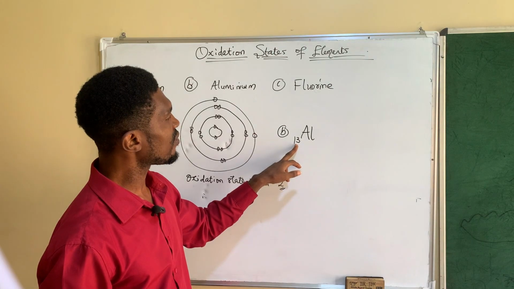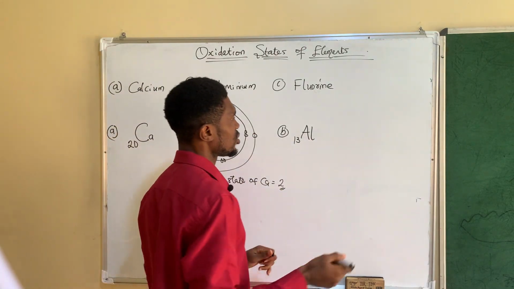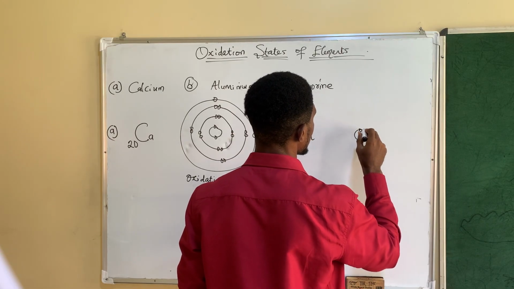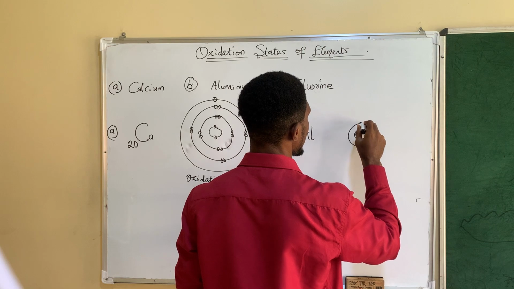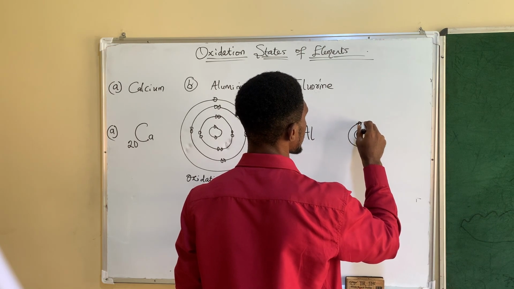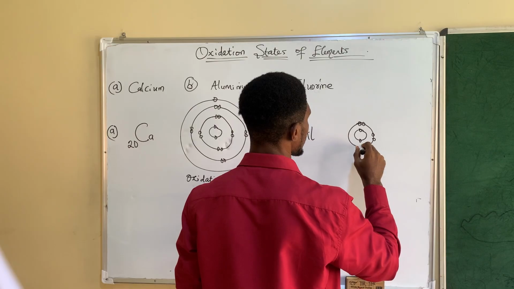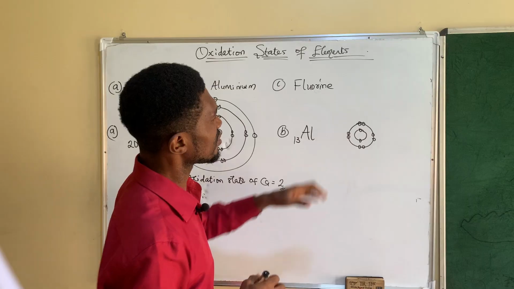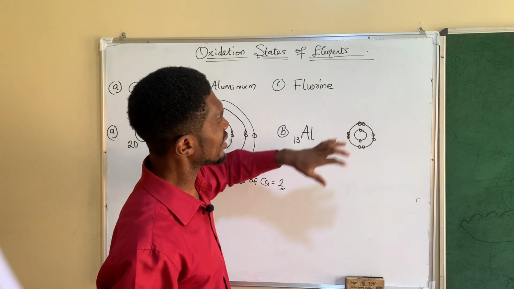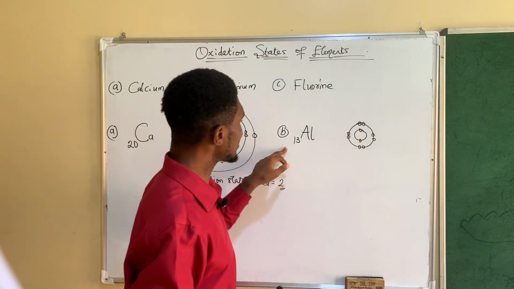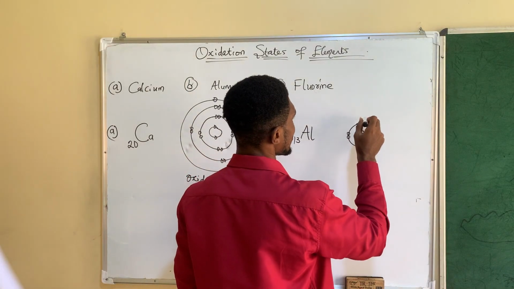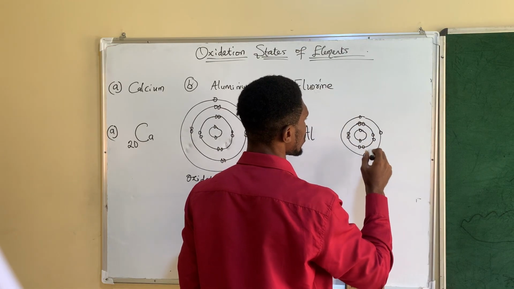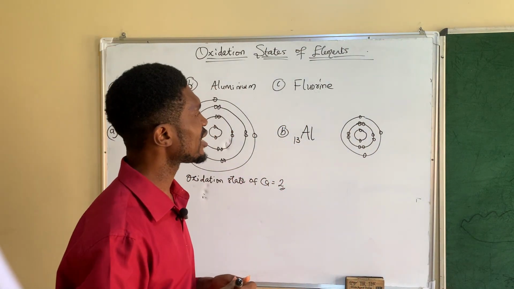So the first shell takes 2, the second shell takes a maximum of 8. So we have 2 plus 8 is 10, but we're going to 13, right? 13 minus 10 is 3. That means we have 3 electrons left to be drawn.